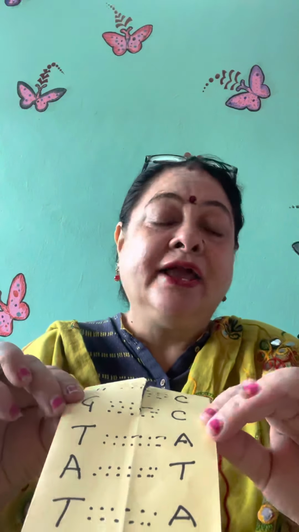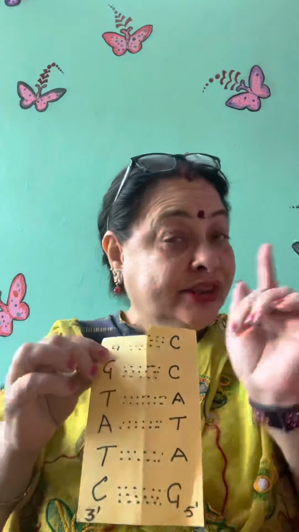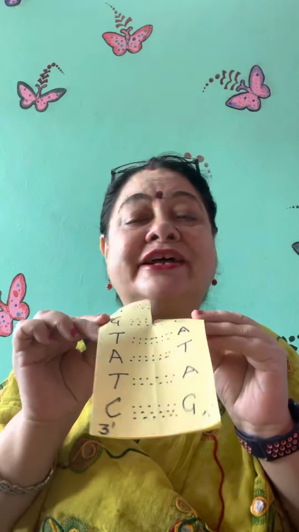The energy which is required by the DNA replication is provided by deoxyribonucleoside triphosphates, which are called dNTPs. So these dNTPs, not the ATP. Here for the replication, dNTPs are the energy currency.